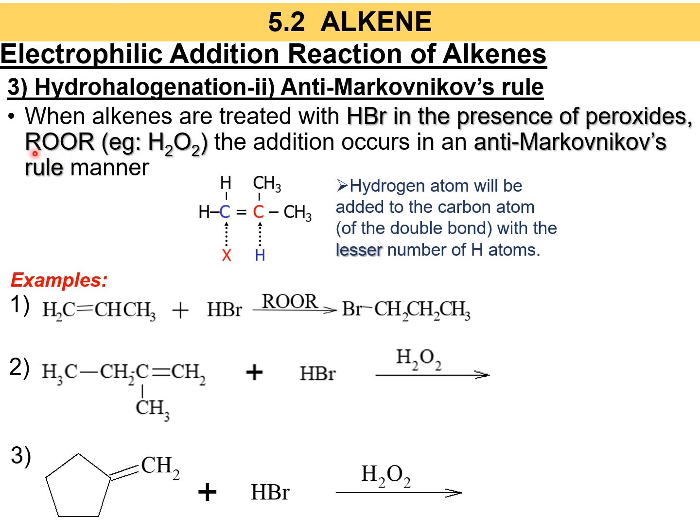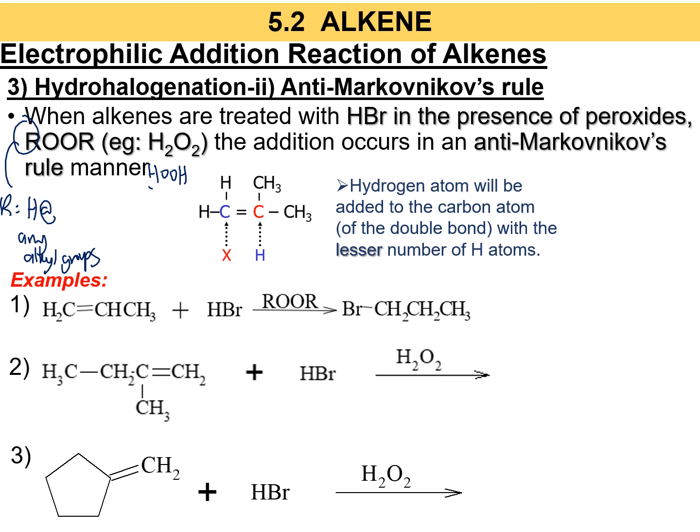Peroxides have the general formula ROOR. Okay, where R can be either hydrogen or any alkyl group. But the most famous one is H2O2. If you see an alkene reacting with HBr with H2O2, or sometimes HOOH, you have to know that it is actually a peroxide.